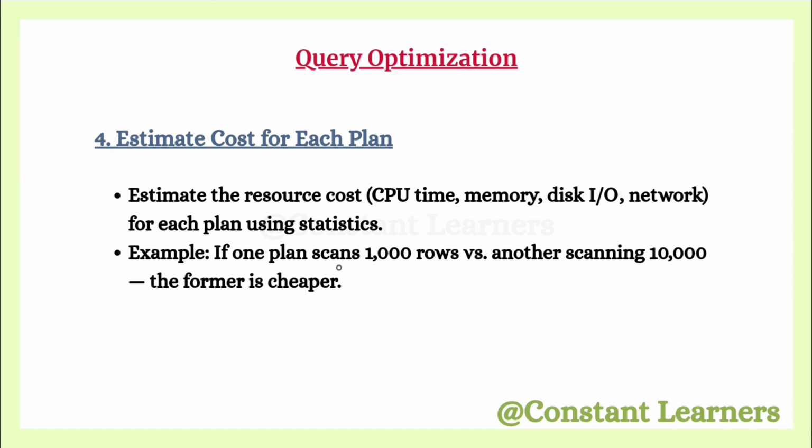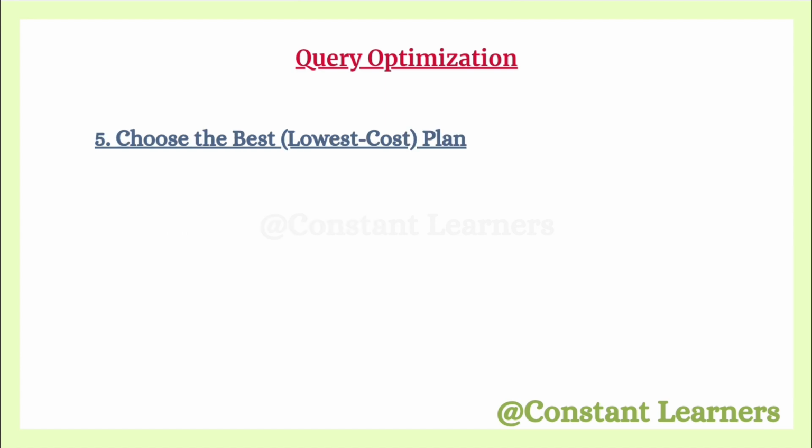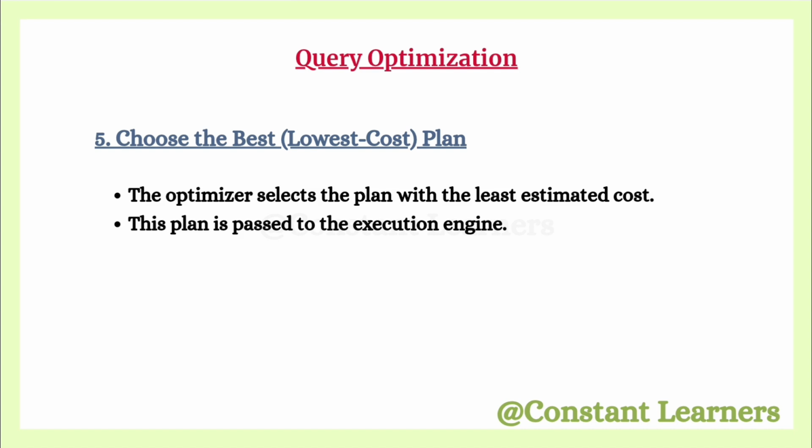Example, if one plan scans 1000 rows versus another scanning 10,000 rows, the former is the cheaper one. Next is to choose the best, that is the lowest cost plan. The optimizer selects the plan with the least estimated cost. This plan is passed to the execution engine.